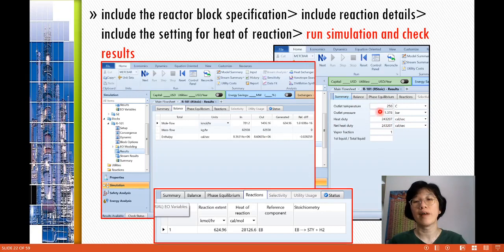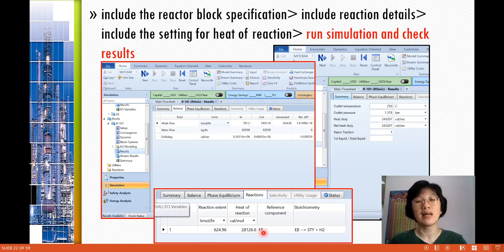You can check under the summary tab. You have the heat duty and also the vapor fraction, meaning it is a vapor phase reaction in this case because it is 100% vapor. And under the reaction tab, you have your heat of reaction given to you, and also the extent of reaction will be calculated accordingly.